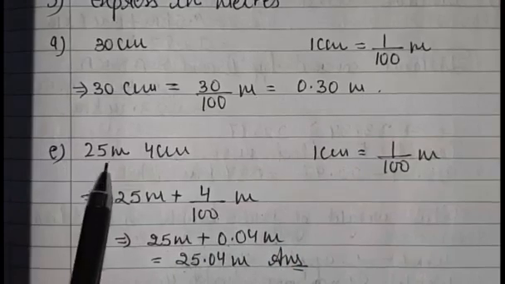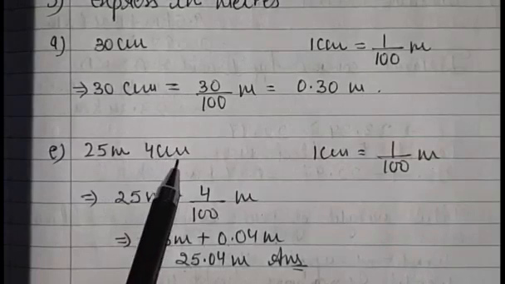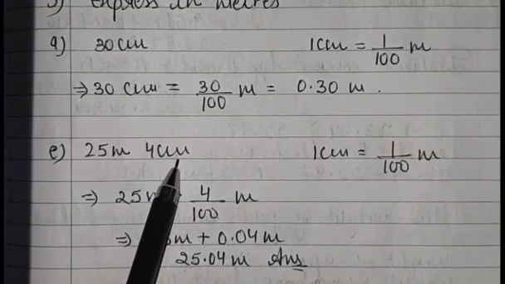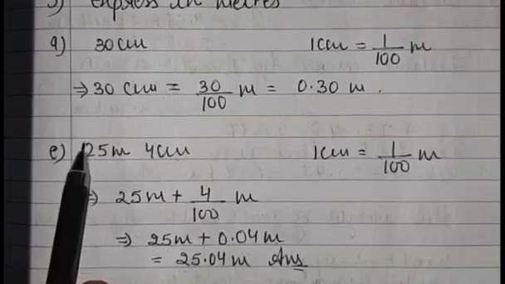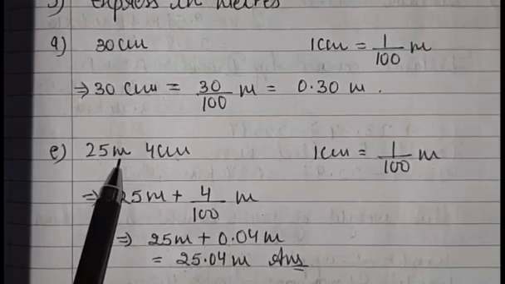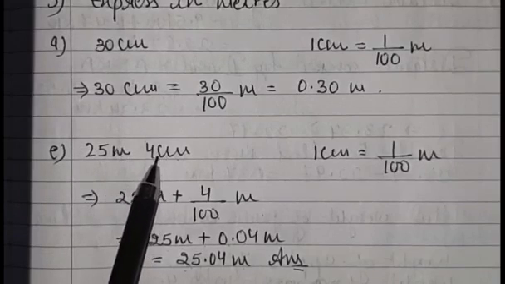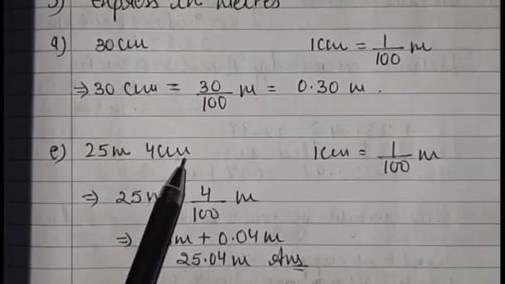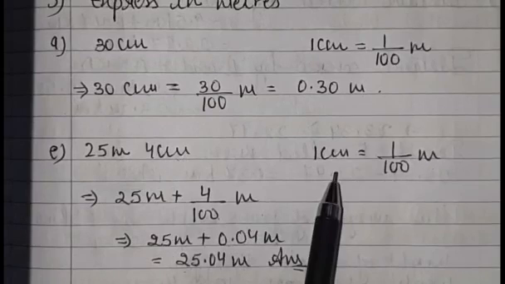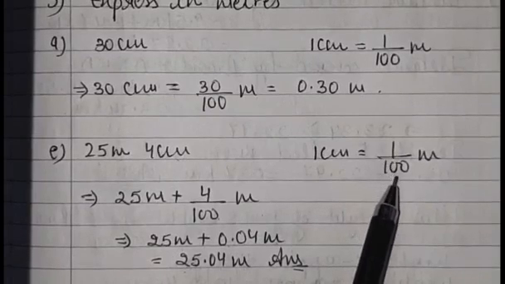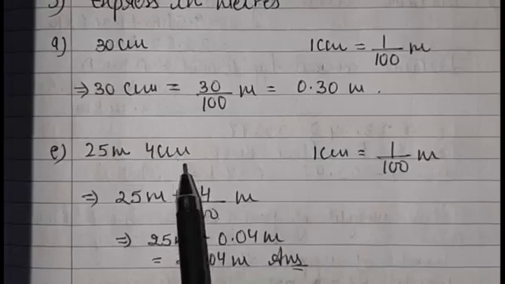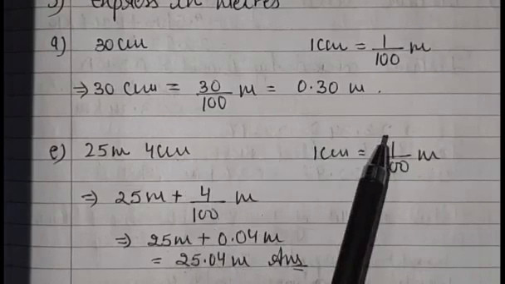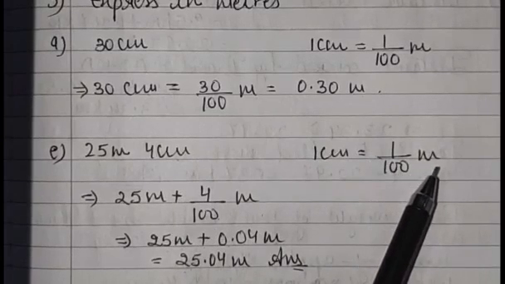Come to E part, 25 meter 4 centimeter. We have to convert into meter only. Right? So here you can see this quantity 25 meter is already in the same unit meter. We have to convert 4 centimeter into meter. We know that 1 centimeter is equals to 1 upon 100 meters. So 4 centimeter is equals to 4 upon 100 meters.